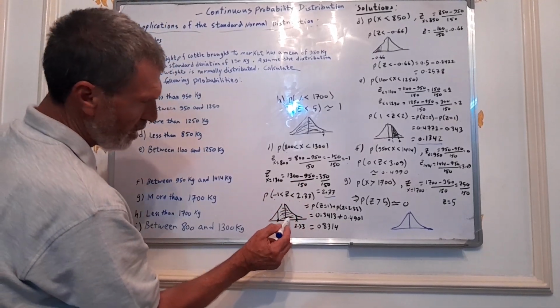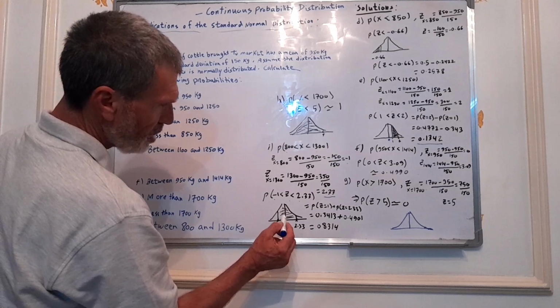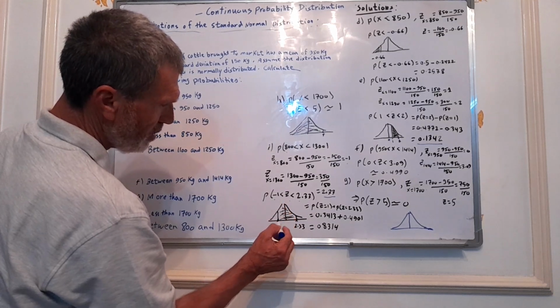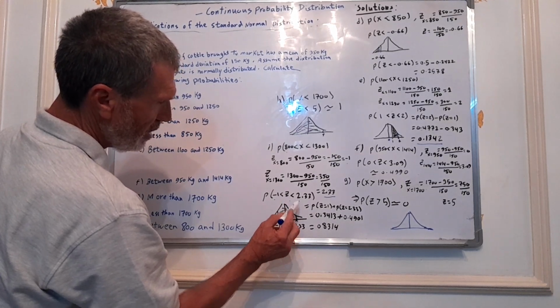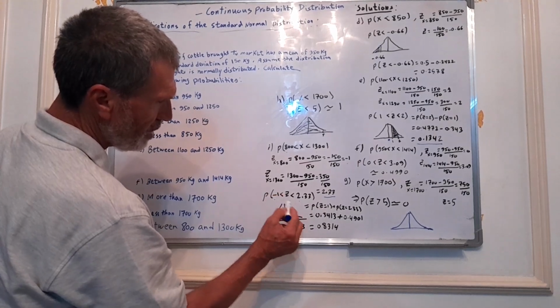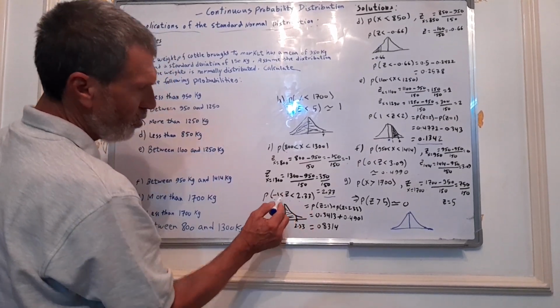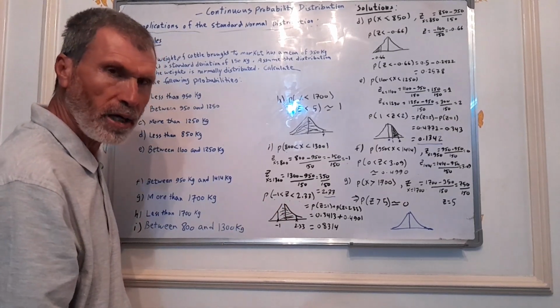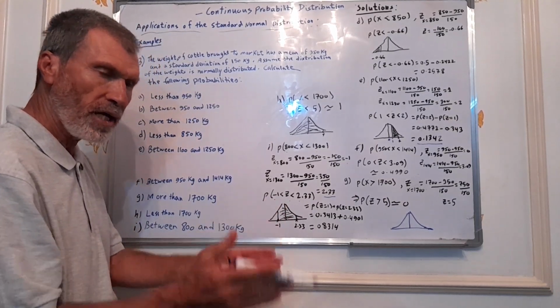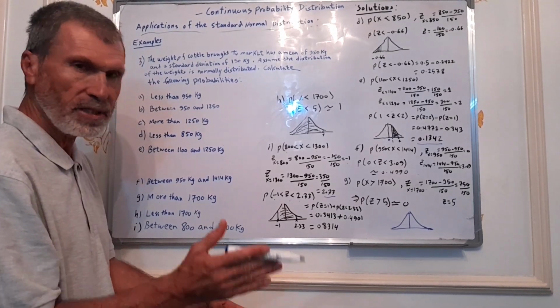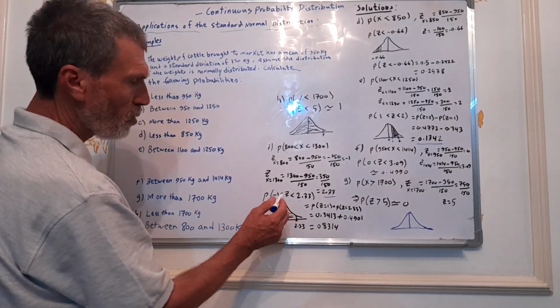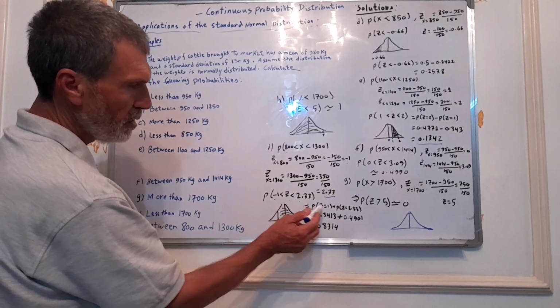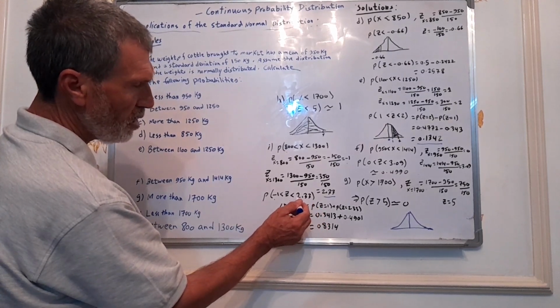This is the area here. So the area between minus 1 and 2.33 is the sum of the areas. Because the probability of Z equal minus 1 is the same as the probability of Z equal 1, because the normal curve is symmetrical. So we find the probability of Z equal 1, and we find the probability of Z equal 2.33.